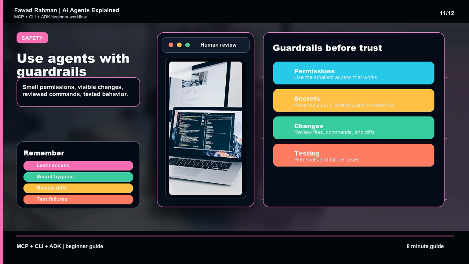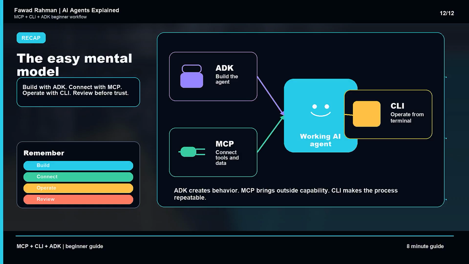For ADK agents, write clear instructions and test failure cases. A useful agent is not only powerful, it is predictable, reviewable, and safe enough for the job. Treat every connected tool like a real capability, because from the user's point of view, the agent can now affect real systems.